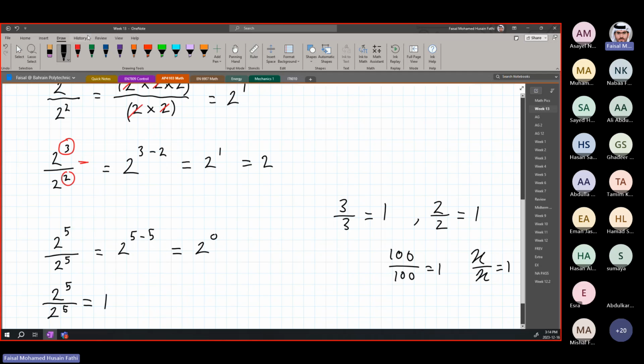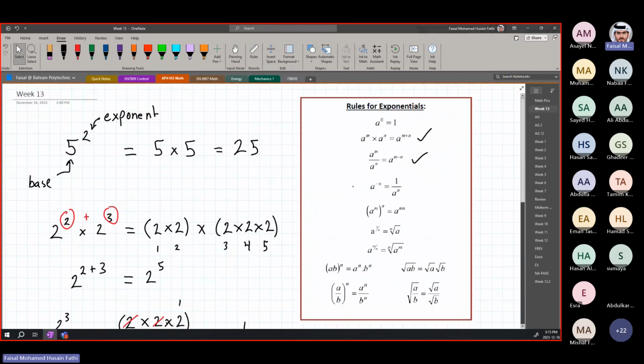So 2 to the power of 5 over 2 to the power of 5 is equal to 1, and it's also equal to 2 to the power of 0. So what can we say? We can say that 2 to the power of 0 is equal to 1. In other words, any variable to the power of 0 will be equal to 1. So this is how you get to the equation a to the power 0 equal to 1.